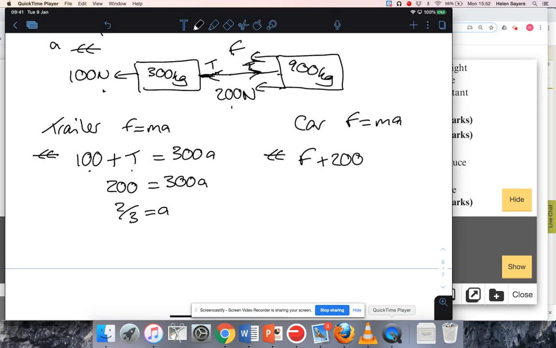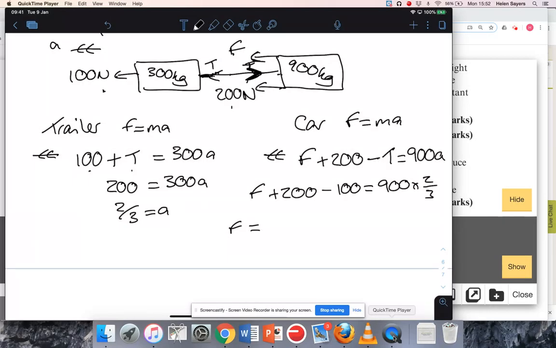Thrust is actually going to be pushing against the car, so that's going to be stopping it slowing down. So minus the thrust equals the mass of the car times acceleration. And I know that thrust is 100 because they told me that in the question. And I also know that acceleration is 2/3, so let's plug those numbers in.